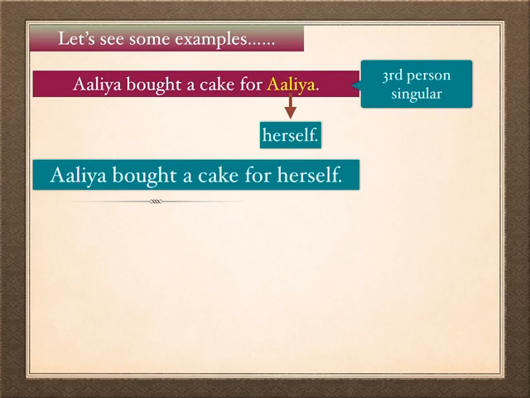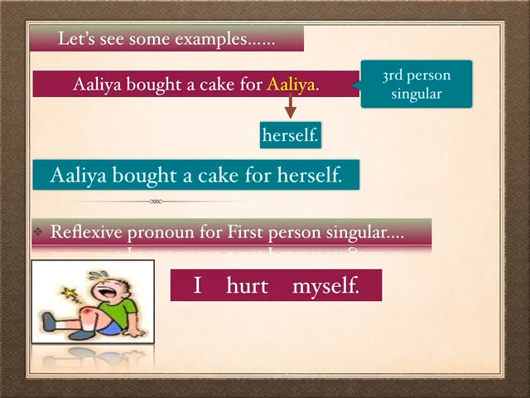Now let's study the reflexive pronoun for first person singular. We have already learned that the first person is the person who is speaking. We can see in the image that says, I hurt myself. So students, just ask the question to yourself, whom did I hurt? You would get the answer, I hurt myself.